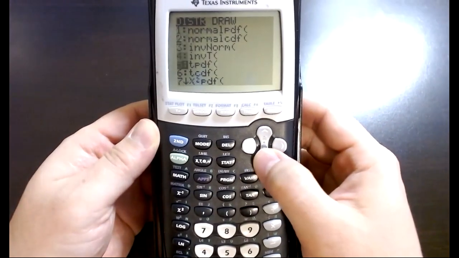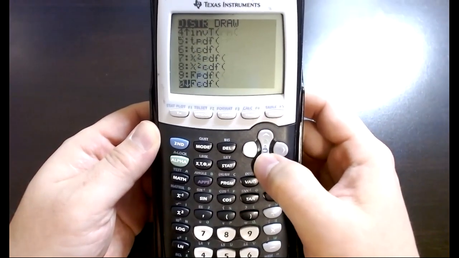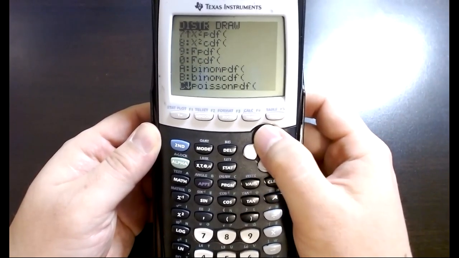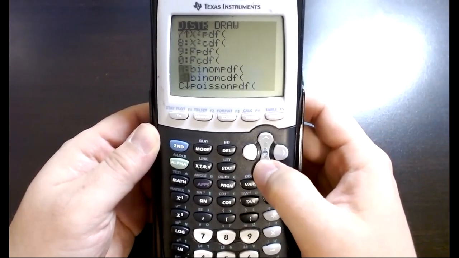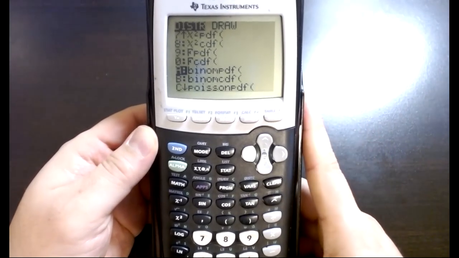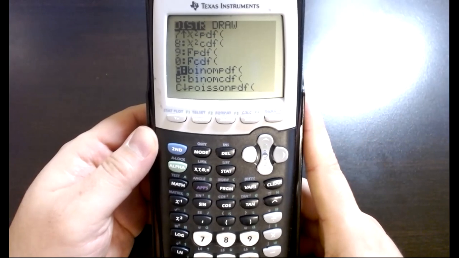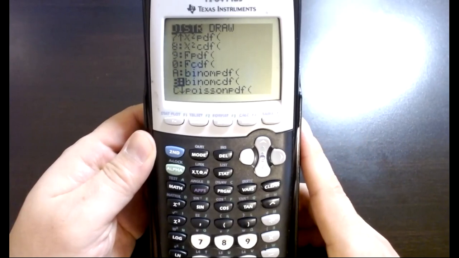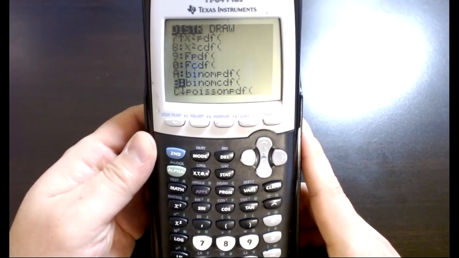Then there are a whole bunch of probability distribution functions right here. So we see binomial PDF and binomial CDF. PDF means probability density function, and the CDF means cumulative density function, okay.